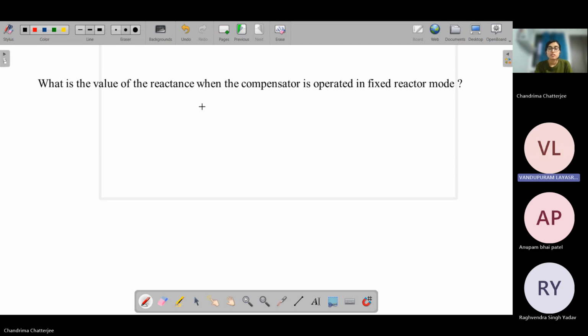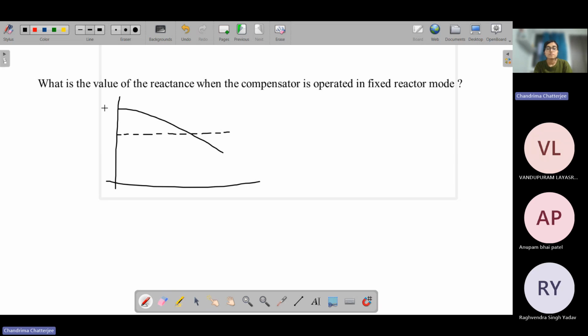Can any of you tell what we do in fixed reactor mode? Ma'am, in the graph, what you told before, if the voltage exceeds, at that time the fixed reactor will operate. In no load condition only, this fixed reactor will perform. After that, it will be in SIL mode. Next, when it is in under voltage, then it will act in fixed capacitor mode, ma'am.